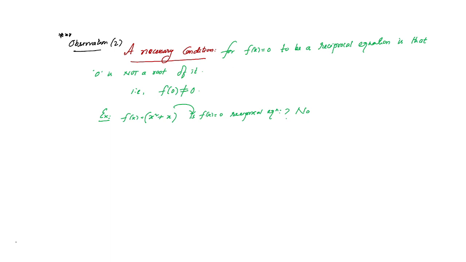Since f(0) equals 0, it does not satisfy the necessary condition, so f(x) equals x square plus x equals 0 is not a reciprocal equation. So this observation is very important.